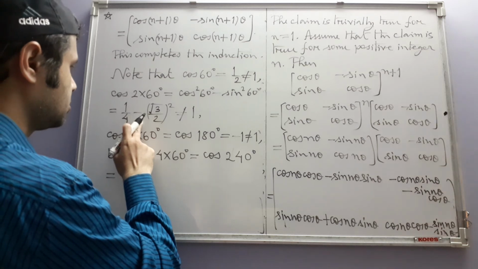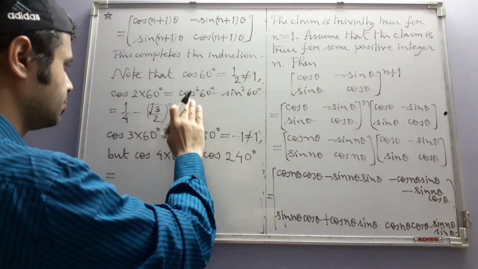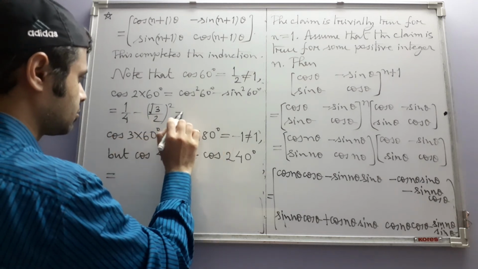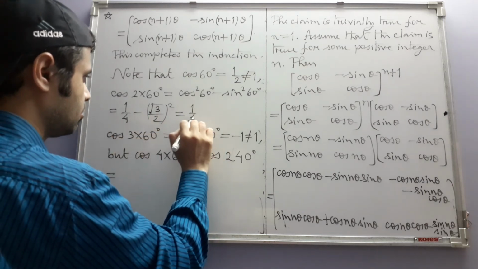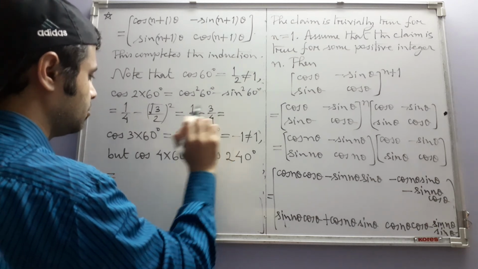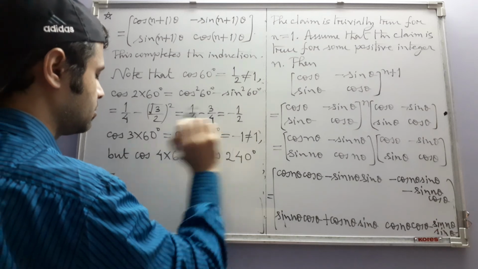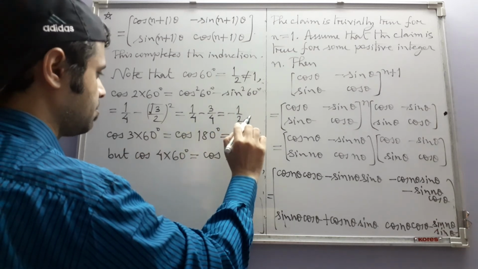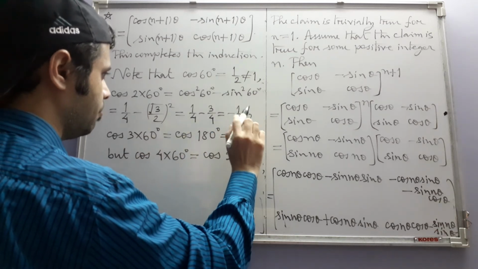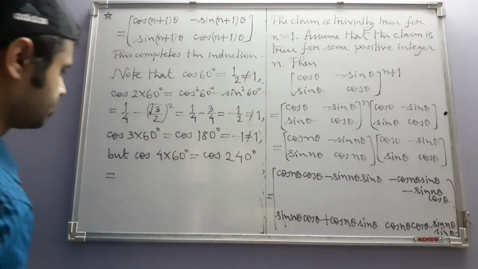I need this value: 1 over 4 minus 3 over 4, that gives me minus 2 over 4, so minus 1 over 2. And that is also not equal to 1.